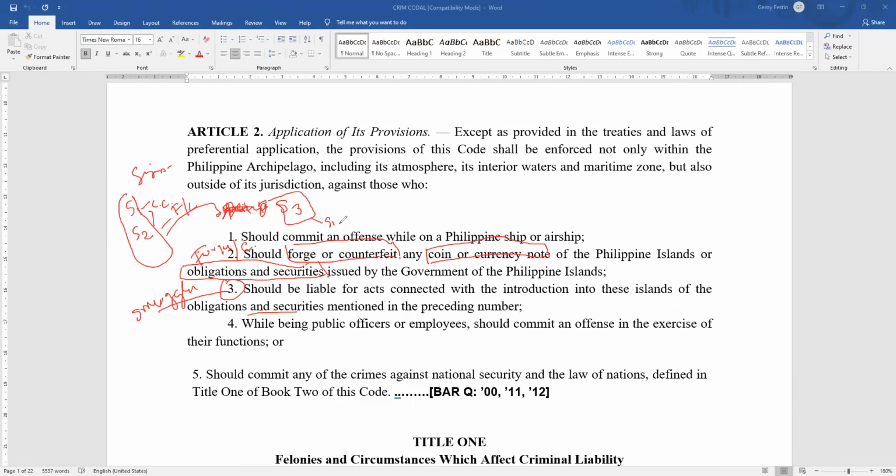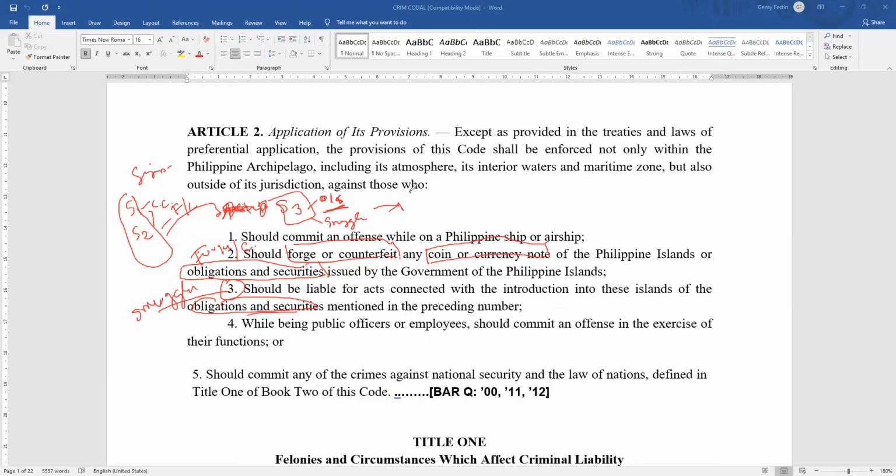S3 is a smuggler. Hindi siya, he did not counterfeit, he did not forge, but he smuggled these obligations and securities mentioned in the preceding article. So it's not coin or currency note. Under the third paragraph, it already deleted coin and currency notes. So it's only applicable to obligations and securities. Dapat ang ini-smuggle ay obligations and securities.